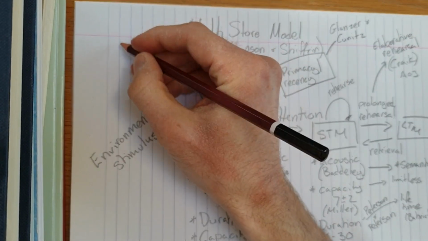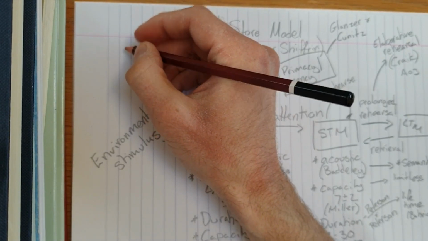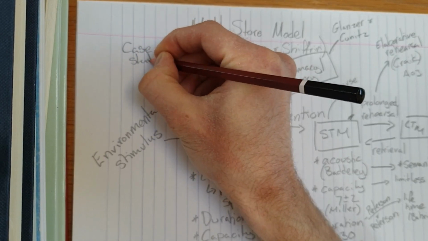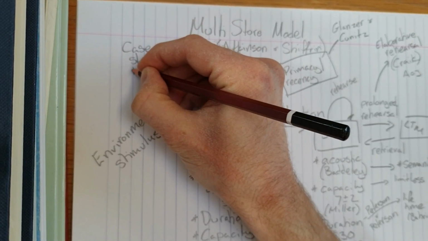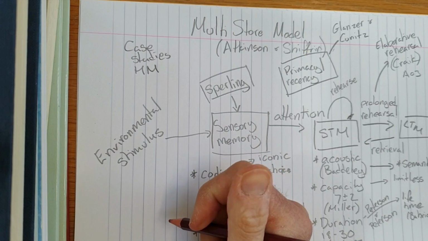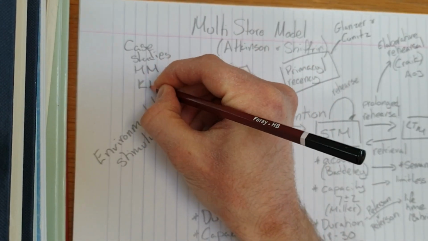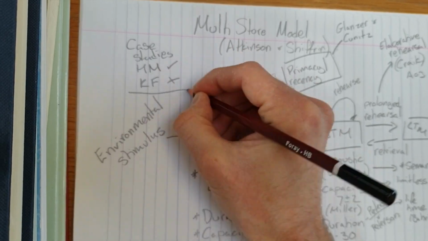And two other pieces of research on this are some case studies: HM, which supports the model, and KF, which criticises the model.